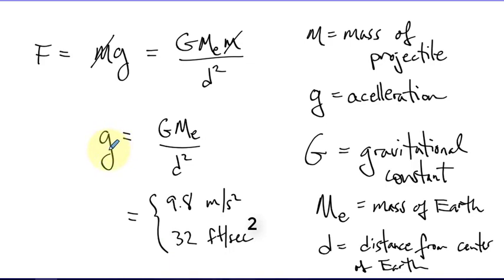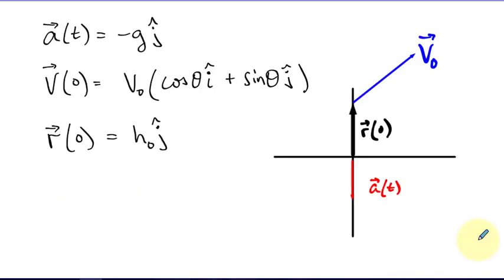I'm going to put this into a vector-valued function that describes motion without air resistance for projectiles. So let me begin by tracing out a picture of what we have as our beginning elements. Let's imagine a vector-valued function for the acceleration of our projectile.